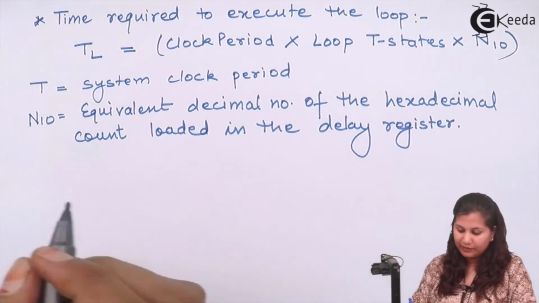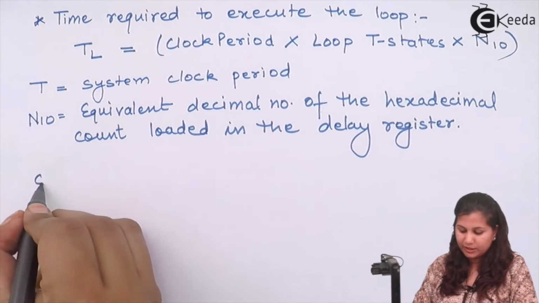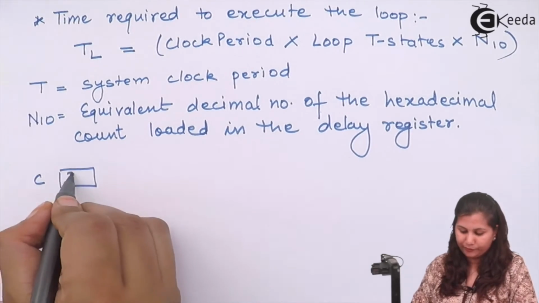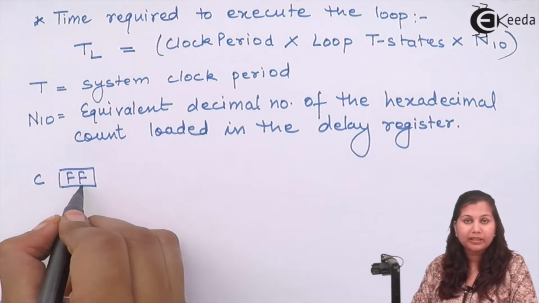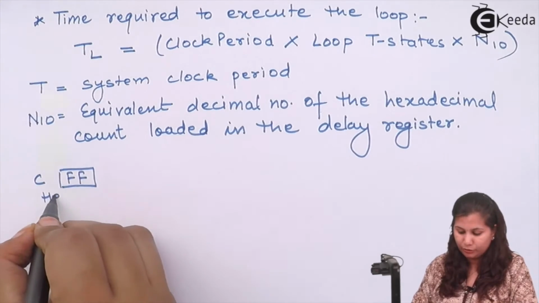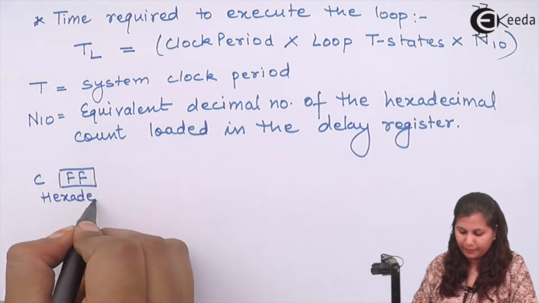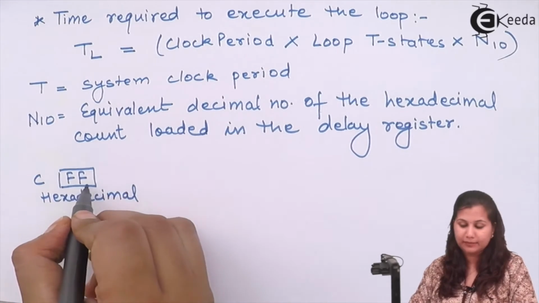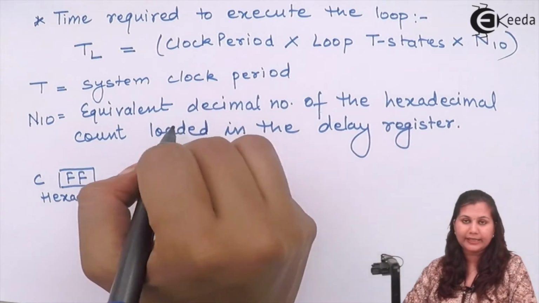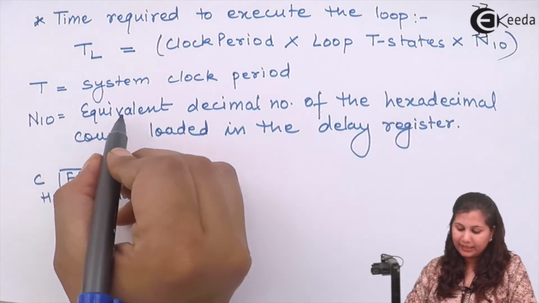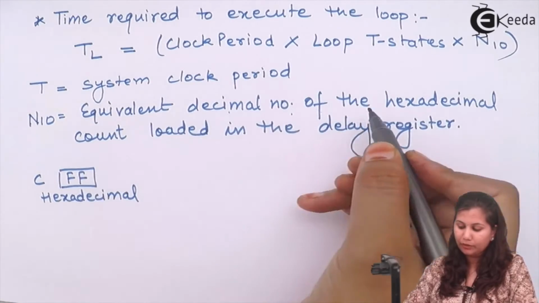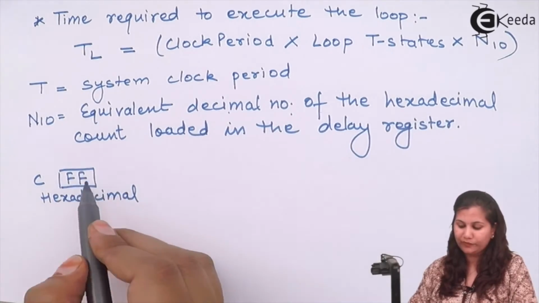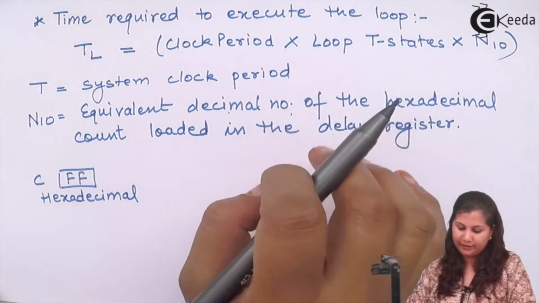You are seeing that we have loaded the C register with the count FF. This number FF is in hexadecimal notation, and we have to convert this hexadecimal number into a decimal number. So N10 is the equivalent decimal number of the hexadecimal count loaded in the delay register.